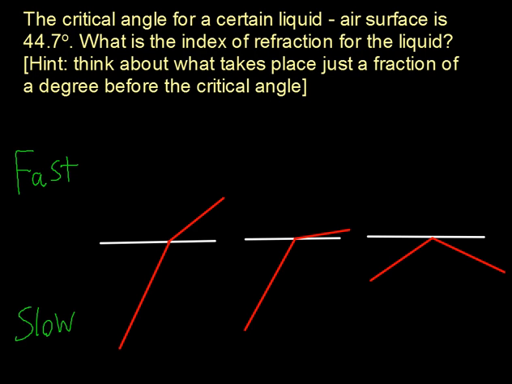Alright, so I have a little bit of a drawing for you to talk about this whole critical angle stuff that this problem is talking about. What I mean by the critical angle is if you have light that's going from something slow to fast, so maybe this is like water and this is air, the index of refraction here is bigger than the index of refraction there.